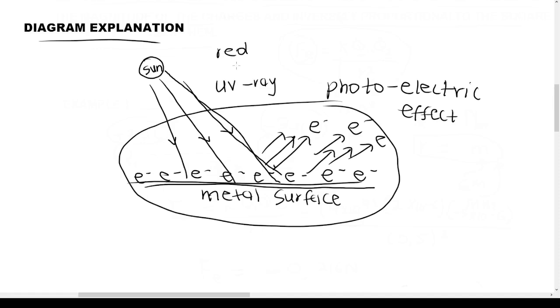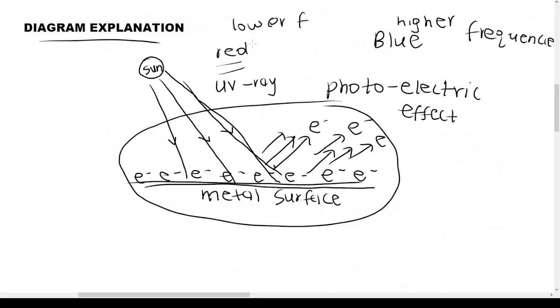So red light tends to have the lower frequencies, and blue light tends to have higher frequencies. So it means blue light is likely to remove an electron from the metal surface, because there are higher frequencies in blue light. But red light has lower frequencies, lower f. Hope that makes sense.